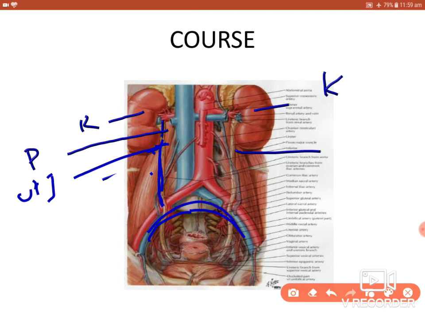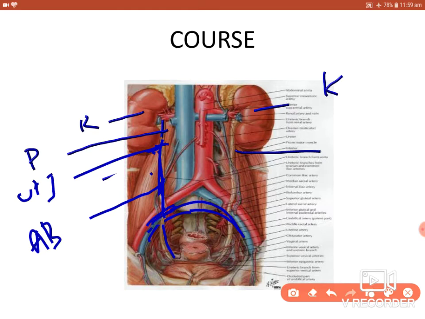Then it crosses the pelvic brim and enters the pelvic cavity, where it crosses the bifurcation of the common iliac at the level of the pelvic brim. Behind that is the sacroiliac joint. From the uretero-pelvic junction to the pelvic brim, this part is the abdominal part of the ureter.